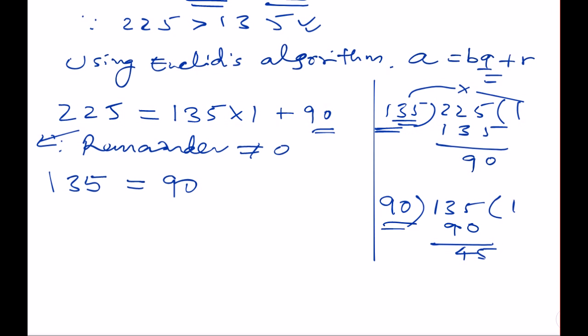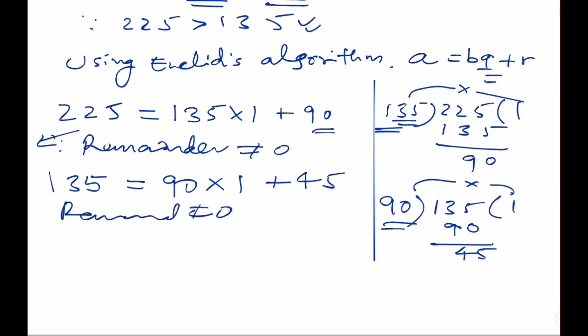See, they are the divisor. The left side of this our division method, what is written is divisors. So 90 into 1 again, 90 into 1 plus whatever remainder is left we shall write here. Again, this remainder is not equal to 0, so we have to move to next step.